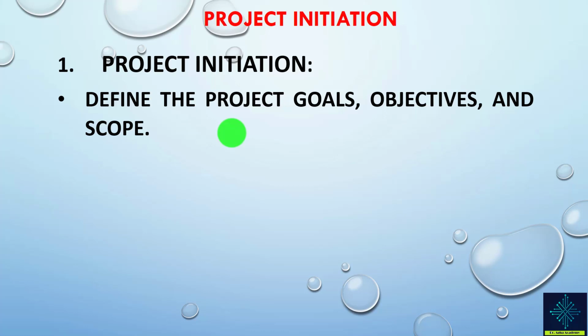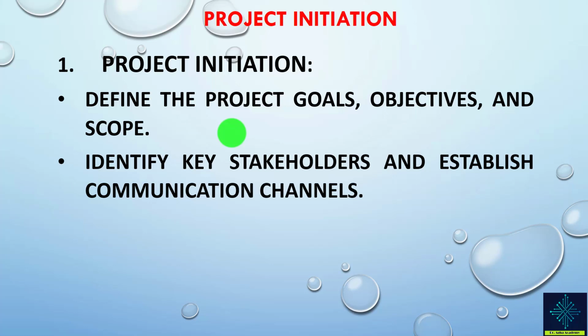So we cannot define project scope without proper identification of stakeholders and their requirements, and properly managing these requirements to make sure that they are being fulfilled throughout the project life cycle.